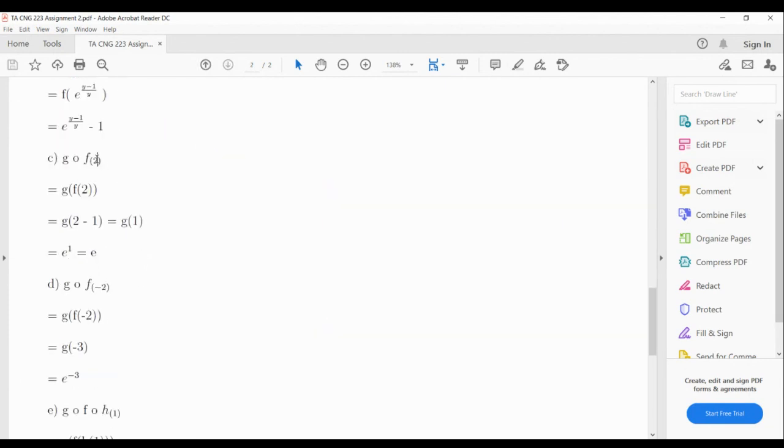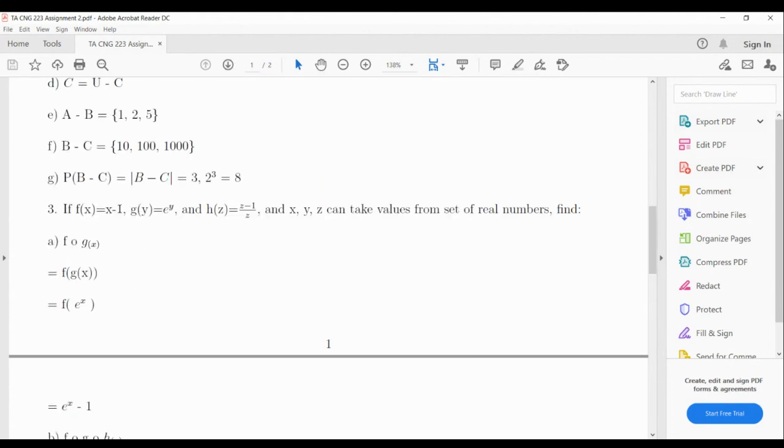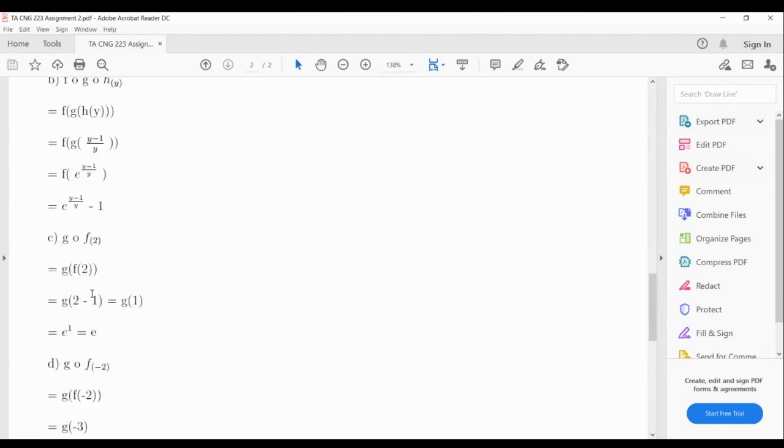Part C, now I have a value instead of x, y, z, or whatever variables. So it means that you can consider x at the beginning and then assign 2, or assign 2 directly to it. So if I have x minus 1, it will be 2 minus 1, which is 1 right away.